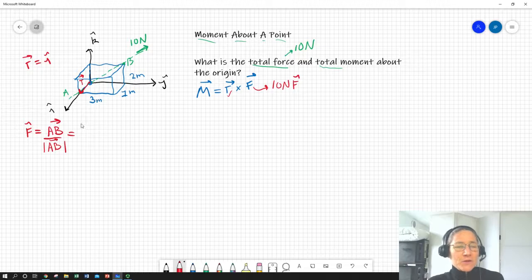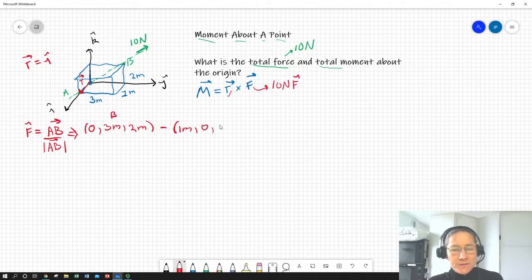So coordinates of point B are, I'm just going to write like this. B is at 0, 3 meters in the j hat direction, and 2 meters in the k hat direction. And I'm going to subtract point A, which is 1 meter, and 0, 0.